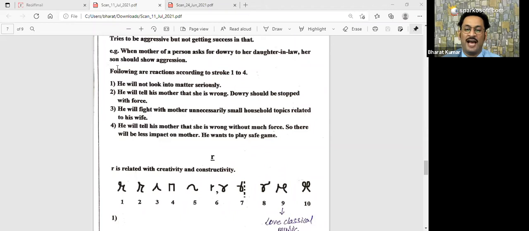Now you can check in the chat box how many people agree. Graphology is a well-established science, not just common assumption or astrological. In the first workshop, I presented my own brain's report here, and I explained all parts of the brain structure and how these impact our nature and pattern of writing.